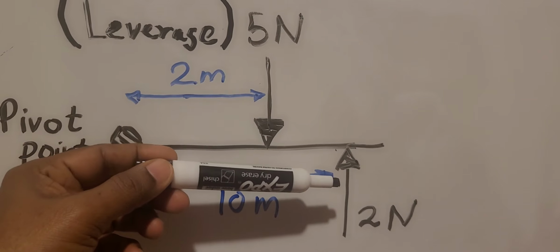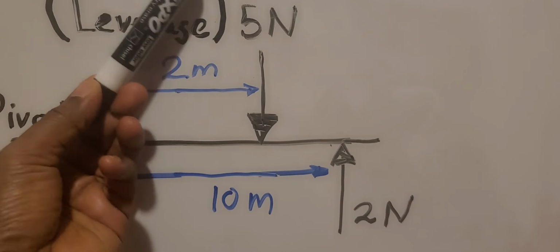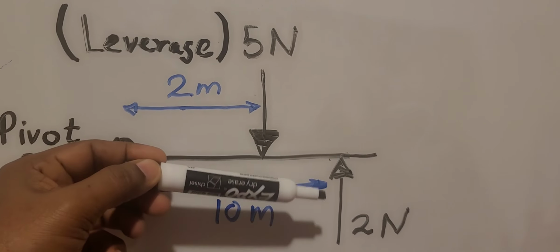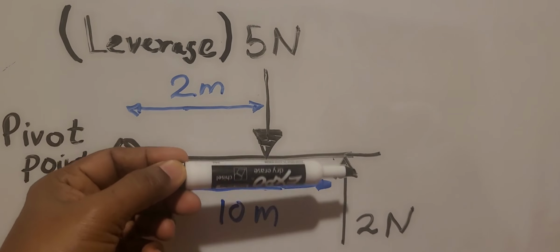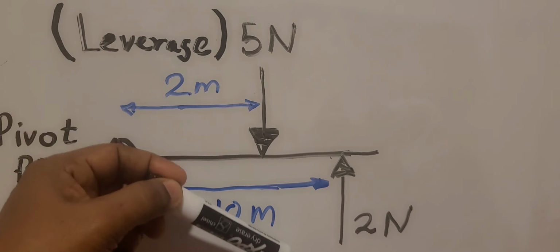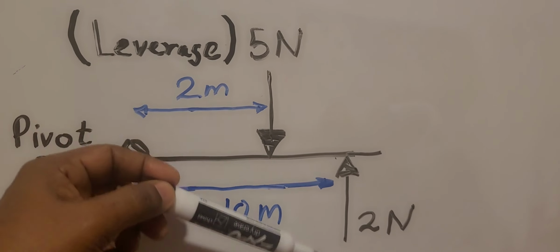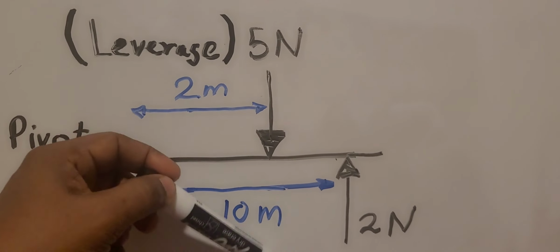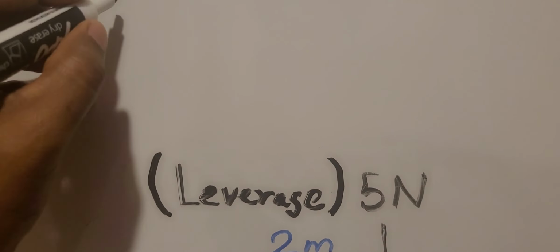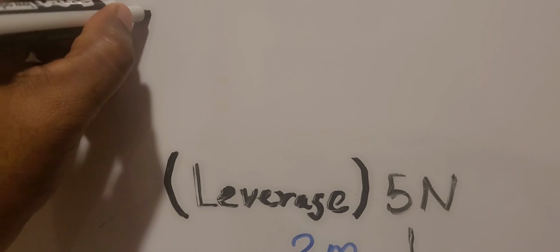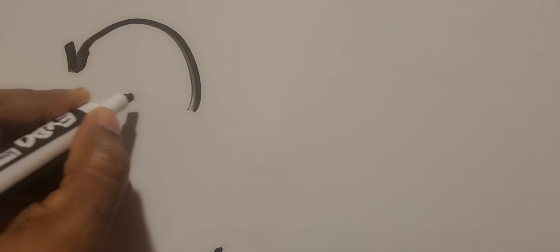It's going to create a twist in this direction, a rotation in this direction. So that's a counterclockwise rotation. We call it a counterclockwise torque. Counterclockwise torques are considered positive.